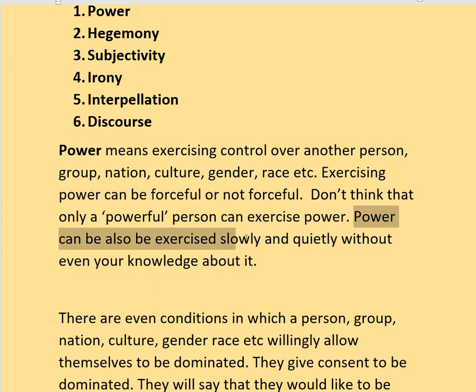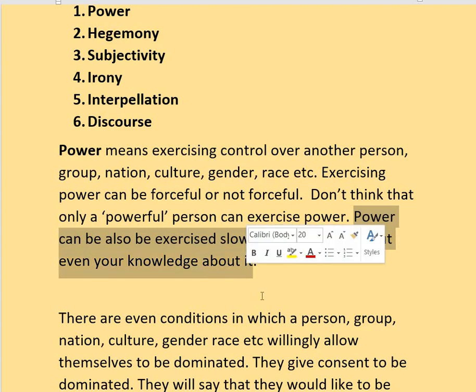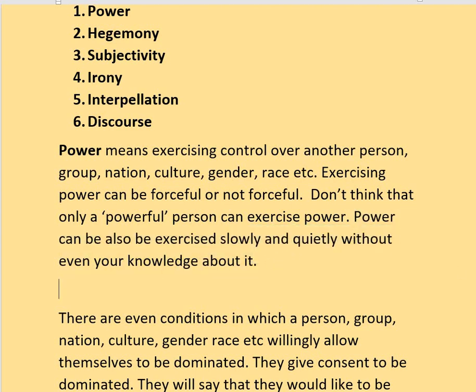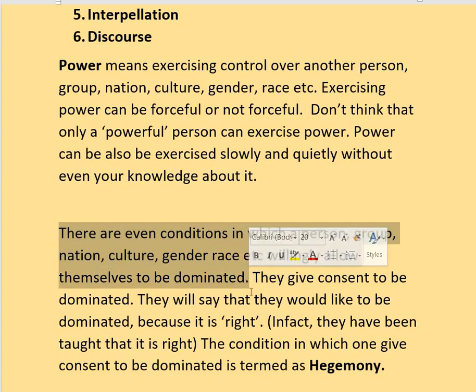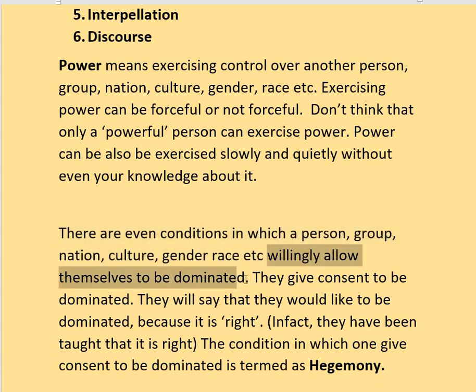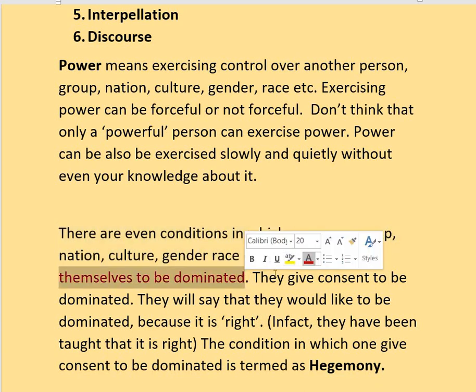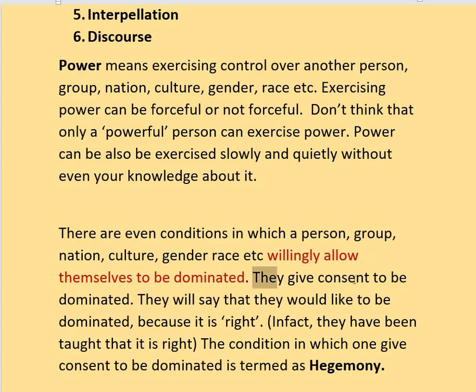Power can also be exercised slowly and quietly without even your knowledge about it. There are even conditions in which a person, group, nation, culture, gender, race, etc. willingly allow themselves to be dominated. This is very important. They give consent to be dominated.